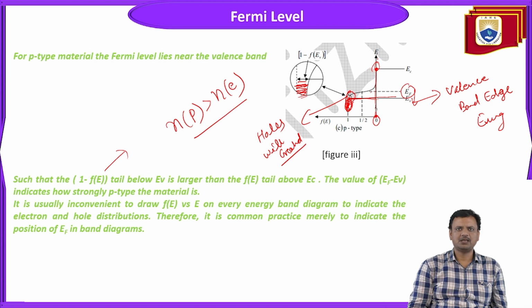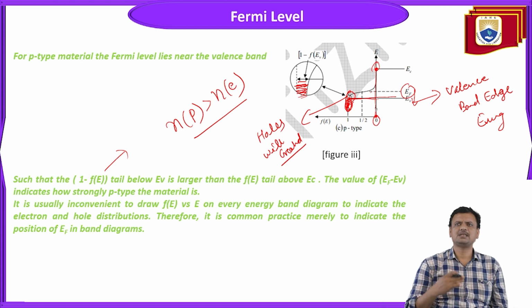It is usually inconvenient to draw F of E versus E on every energy band diagram to indicate the electron and hole distribution. Therefore, it is common practice merely to indicate the position of EF in the band diagram.